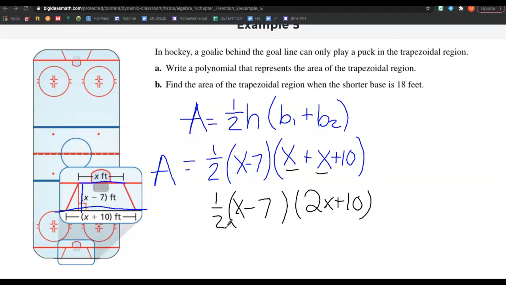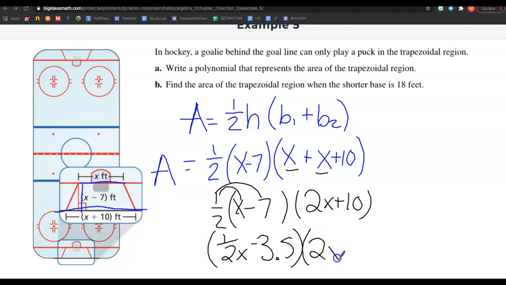So now I would probably distribute my 1/2. Minus 3.5. Okay. Now what would I do? Okay, so 1/2 x times 2x would give me 1x squared. 1/2 x times 10.